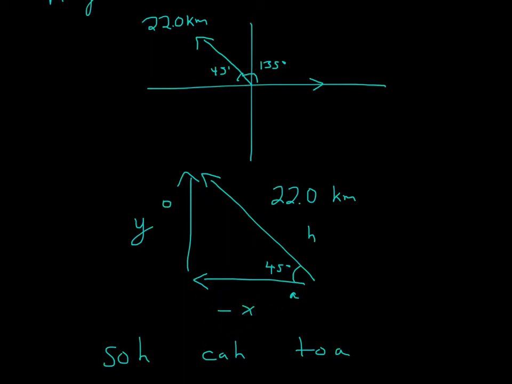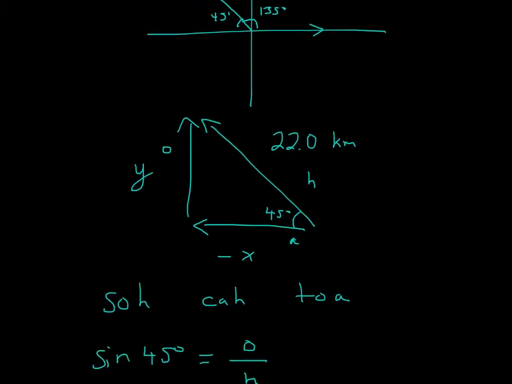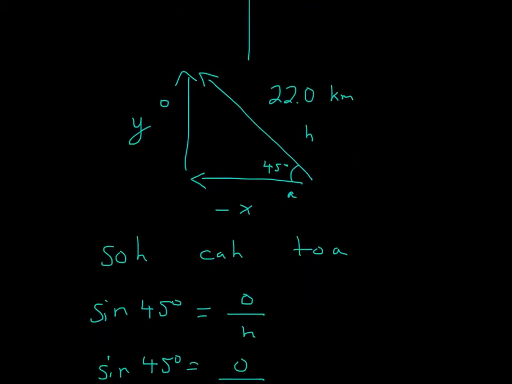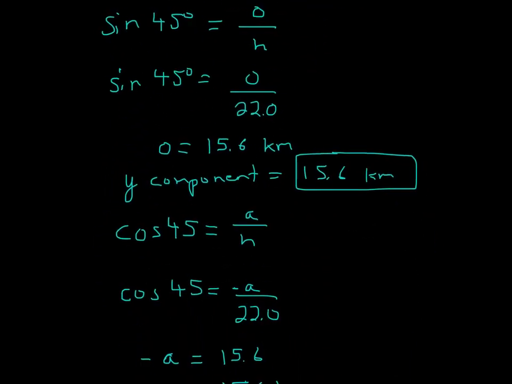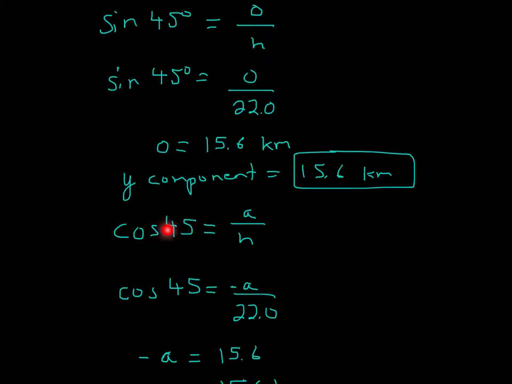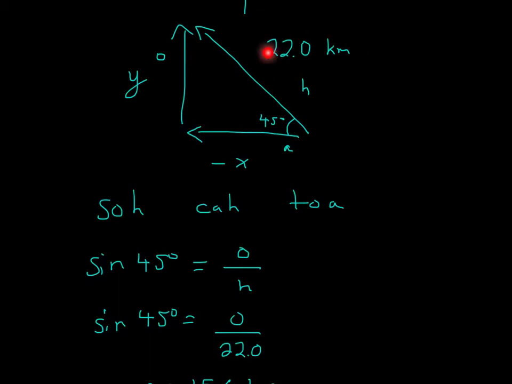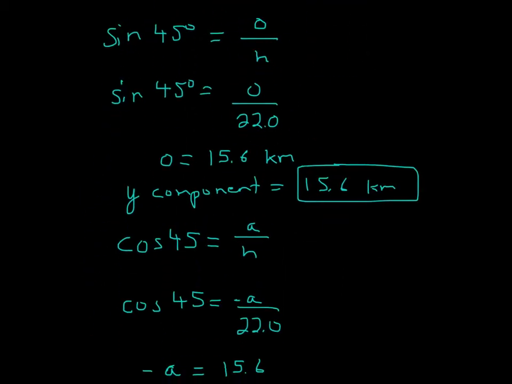It's going to be adjacent over hypotenuse, so that's cosine. The angle will be 45 degrees. So it's going to be cosine of 45 degrees, adjacent over hypotenuse. We have the number for the hypotenuse. It's 22 kilometers, so we're going to plug that in.